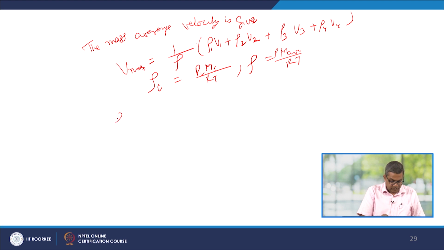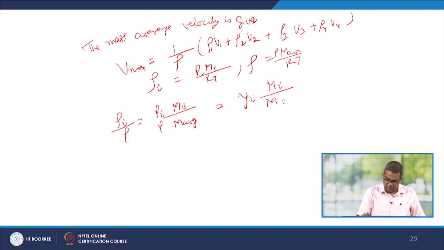So rho i over rho is equal to Pi Mi over P M average, which is equal to yi Mi over M average, where rho i is the mass density of the ith component, rho is the total mass density, Mi is the molecular weight of the ith component, and M average is the average molecular weight of the mixture.